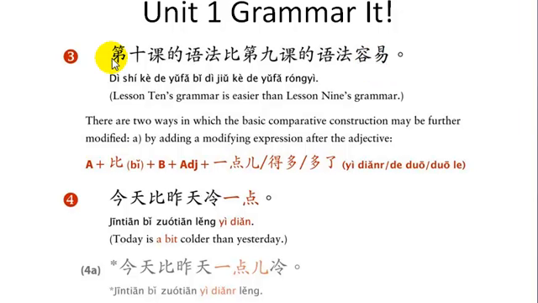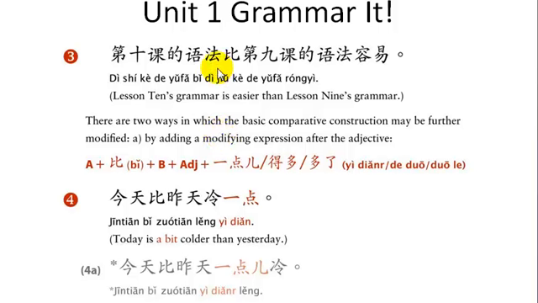So let's take a look at it. 低10克的语法比低9克的语法容易. So here we're saying that, and look how this construction isn't in English. It's completely different.